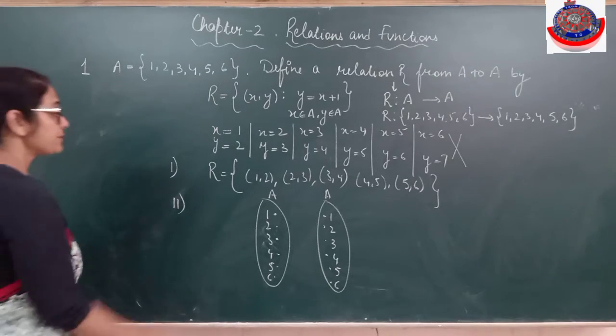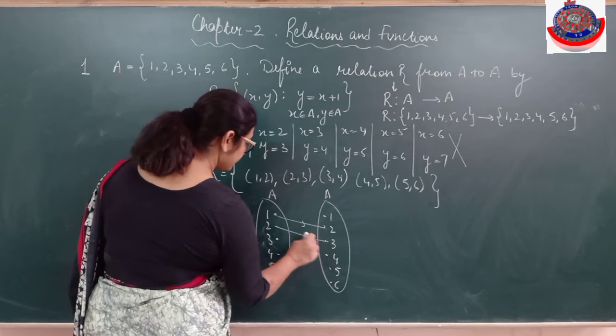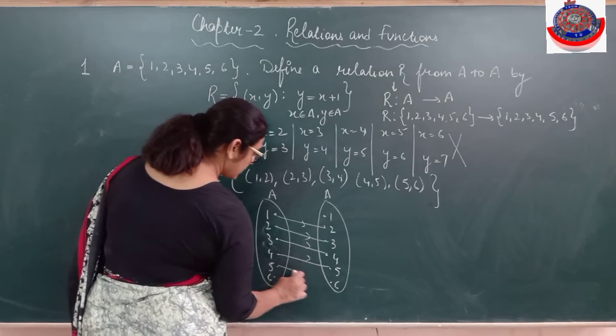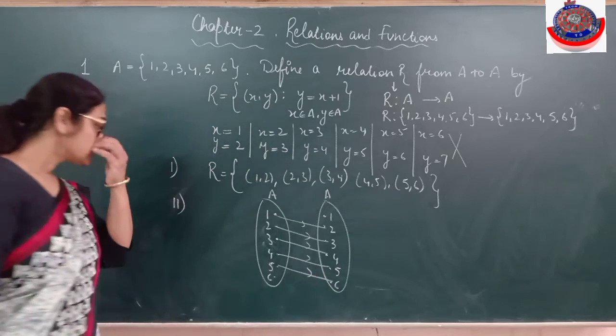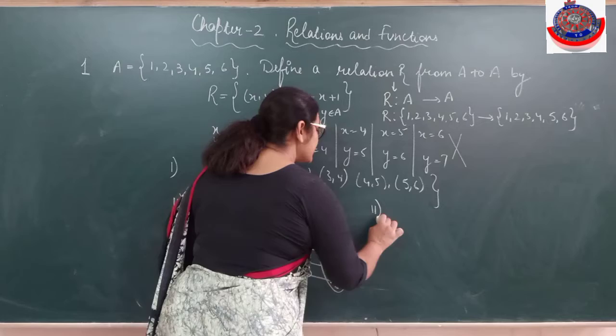Now just match 1, 2; 2, 3; 3, 4; 4, 5; 5, 6. So that's it.